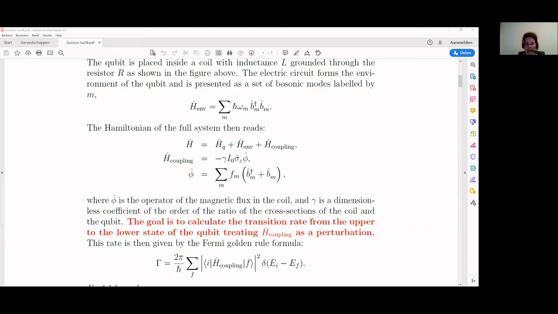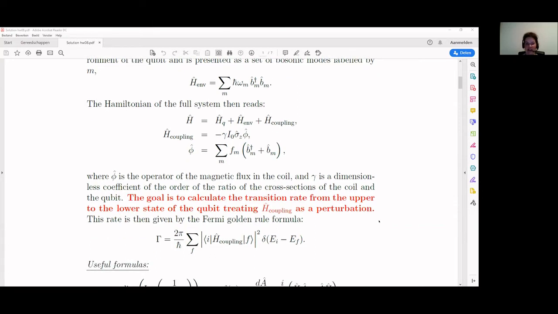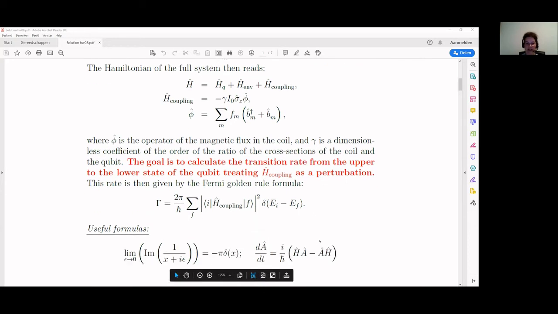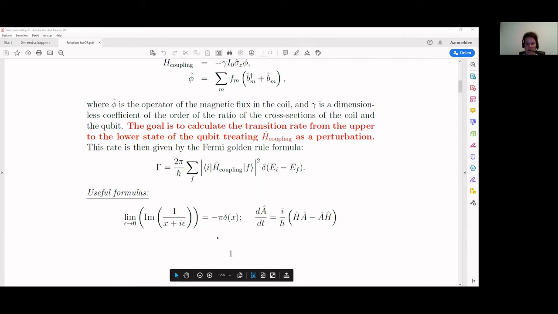And I've highlighted the goal for the exercise in red here, just taken from the problem that you've all had. So our goal is to calculate the transition rate using Fermi's golden rule formula, which is given here. And then there were also some useful mathematical formulas, two of them that you can use along the way.